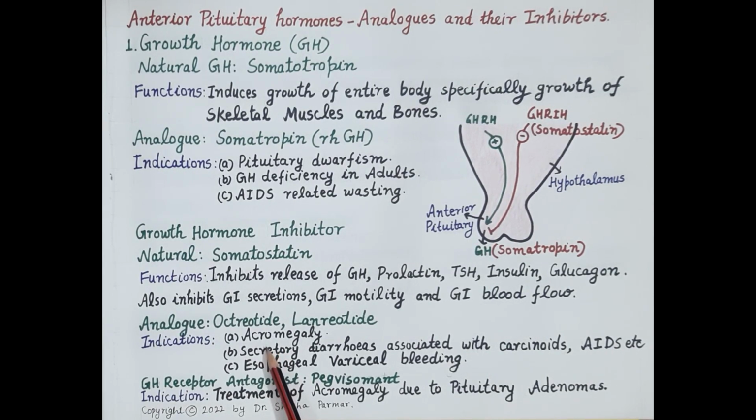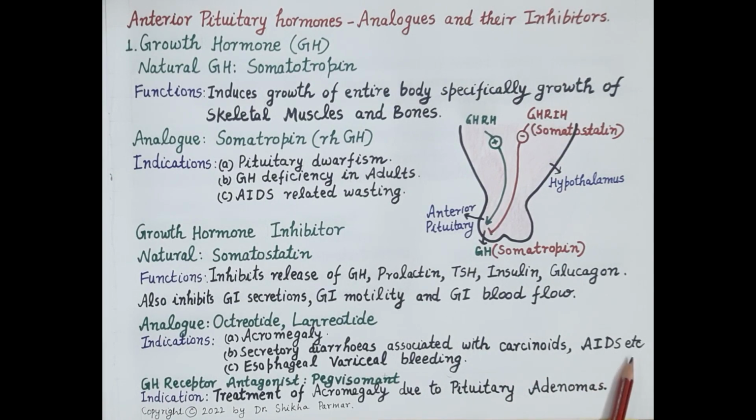Now, as somatostatin inhibits almost all gastrointestinal secretion, octreotide is also useful in the treatment of secretory diarrheas associated with carcinoid, AIDS, etc. Carcinoid diarrhea is caused due to excessive secretion of serotonin.